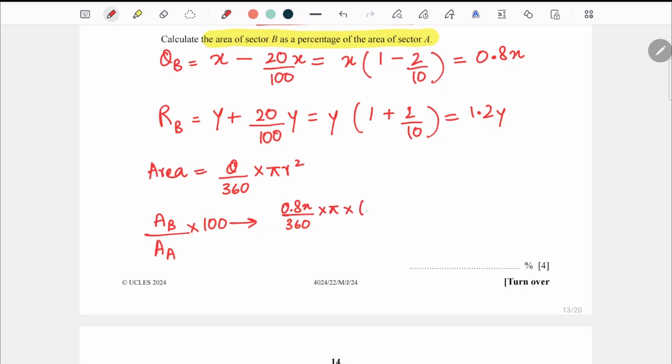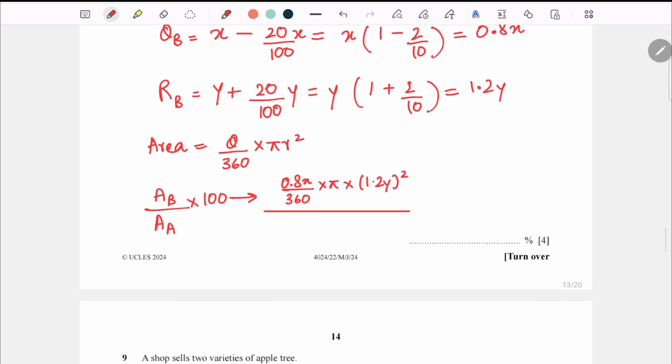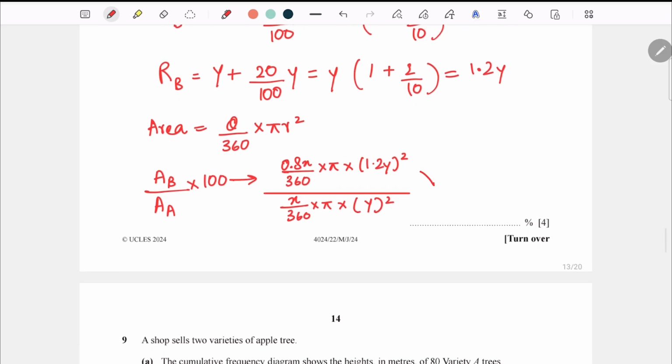R for B was 1.2y squared, and this is divided by the area of sector A, which was theta x over 360 multiplied by pi, and the radius of sector A was y. This whole will be multiplied by 100.